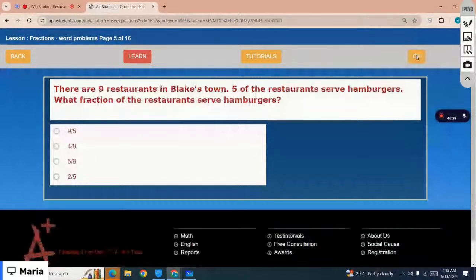There are 9 restaurants in Blakestown. 5 of the restaurants were hamburgers. What fraction of the restaurants serve hamburgers? So which is the correct option?